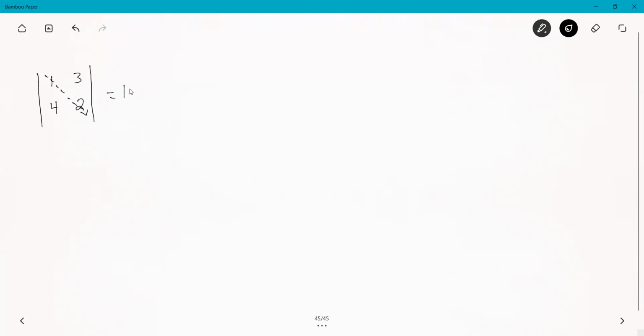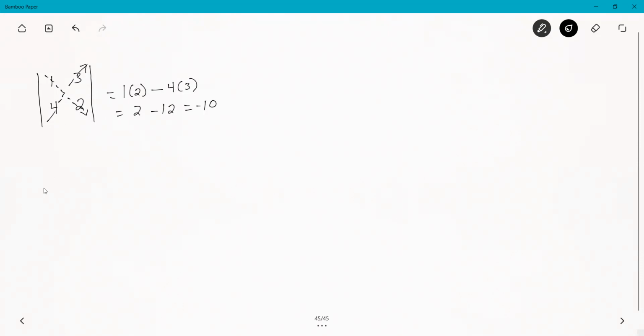So we're going to have 1 times 2, and then we're going to subtract off that 4 times 3. So we have 2 minus 12, or negative 10. So the determinant here would be negative 10, okay?